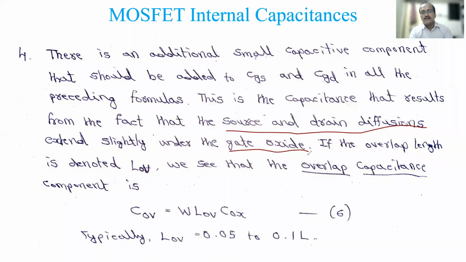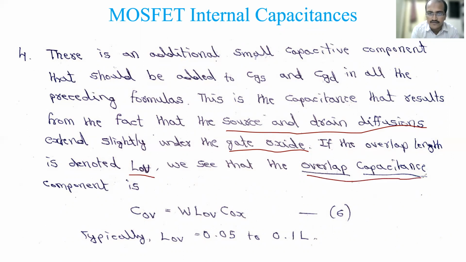Because when the operation is happening and you apply a gate voltage, there is a chance of attraction towards the gate channel. If the overlap length is denoted LOV, then earlier we considered just L, the length of the channel. Now this is the overlap length, LOV, and we call this the overlap capacitance.